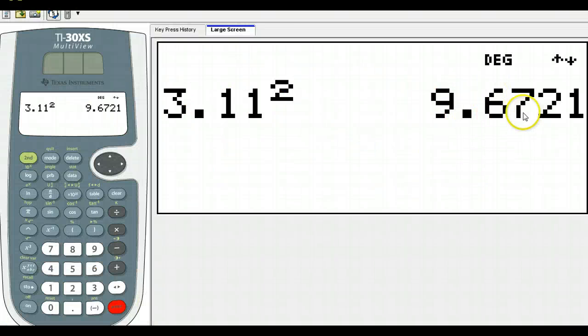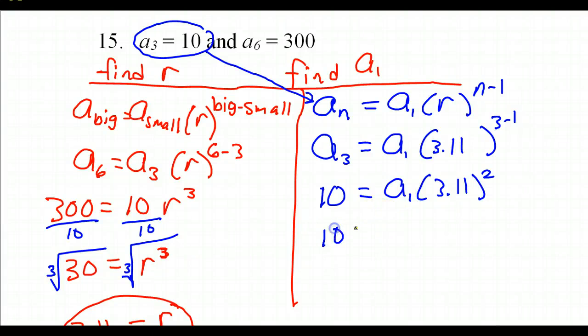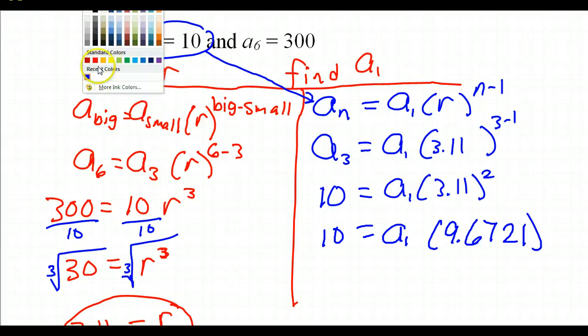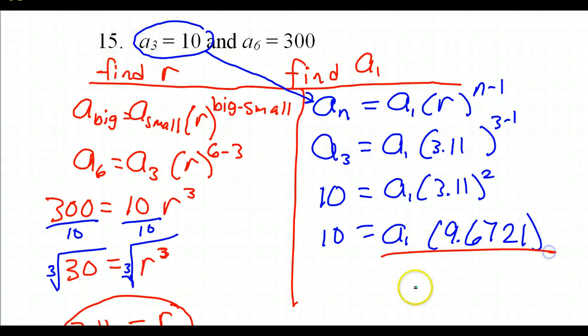So it's 9.6721. So 10 is equal to A1 times 9.6721. Now I will divide both sides by 9.6721.